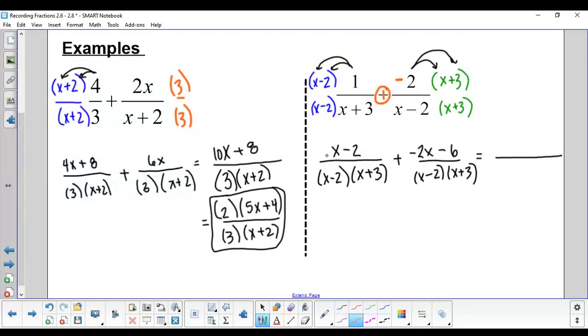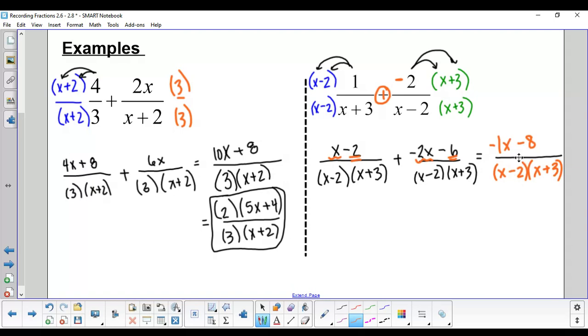Going through and doing this, I have x plus negative 2x, which is negative 1x. I have a negative 2 plus a negative 6, which is a negative 8. On the bottom, I leave my answer as my denominator, x minus 2 times x plus 3.